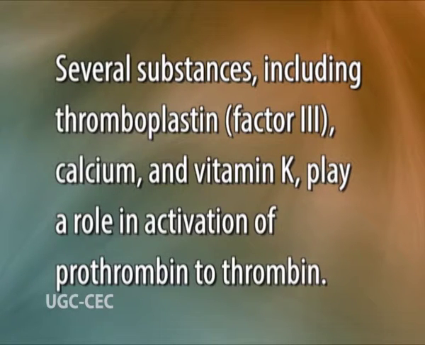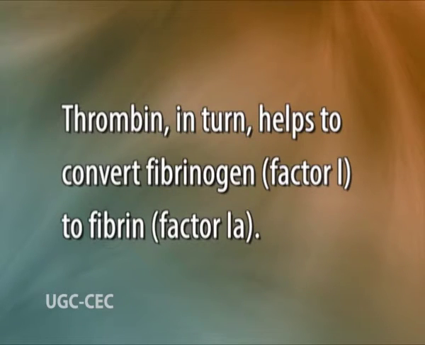Several substances including thromboplastin, factor III, calcium and vitamin K play a role in the activation of prothrombin to thrombin. Thrombin in turn helps to convert fibrinogen factor I to fibrin factor Ia.